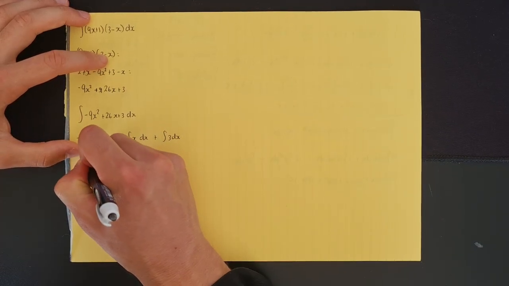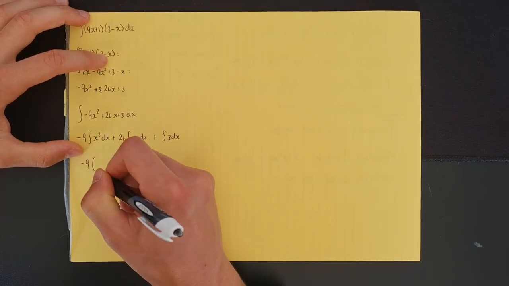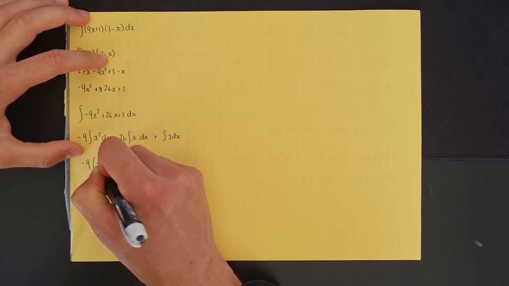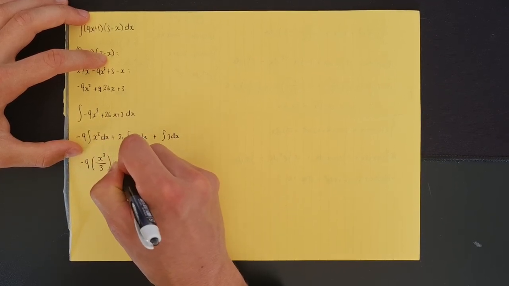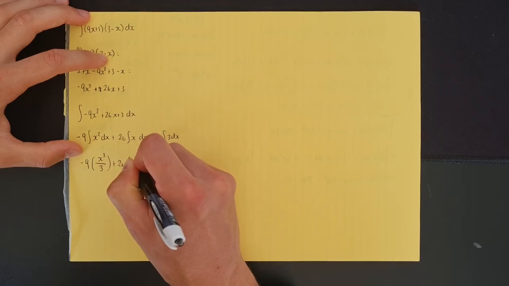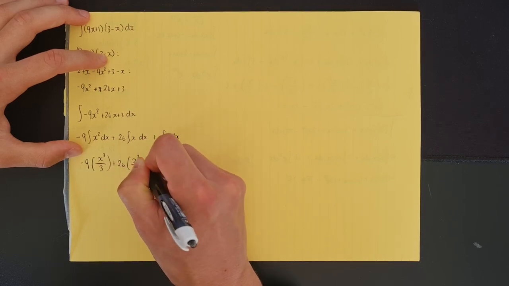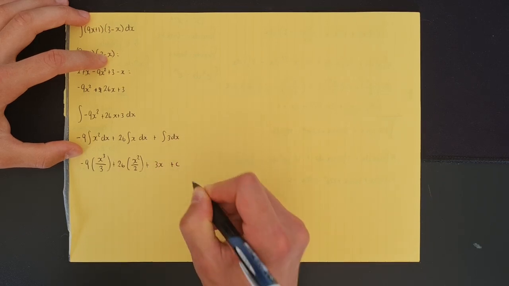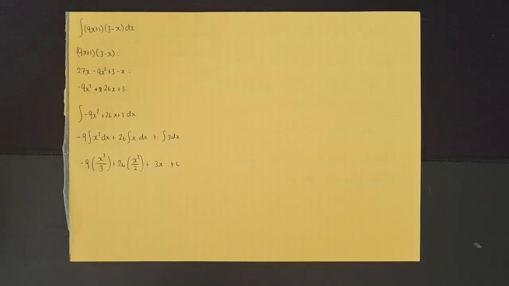So it's going to be negative 9 multiplied by x to the power of 3 over 3 plus 26 times x squared over 2 plus 3x plus the constant of integration.